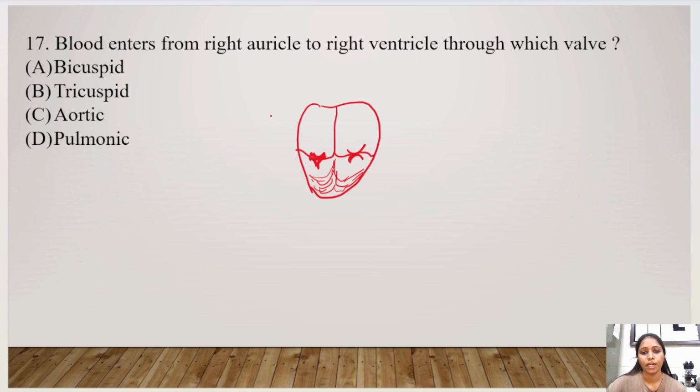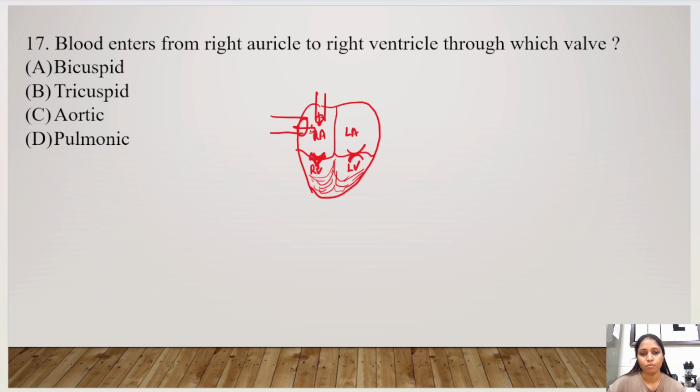So when blood enters from the vena cava to the right atrium, this is the right atrium and this is the left atrium, this is the right ventricle, this is the left ventricle.